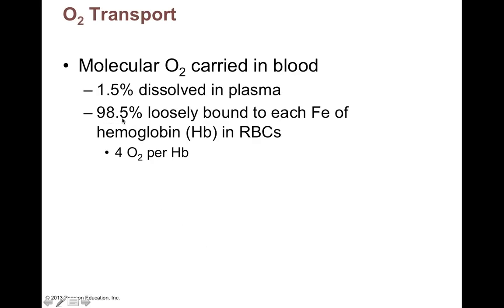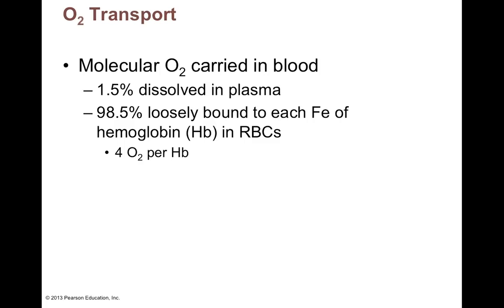Now, 98.5% of that is actually bound to hemoglobin. Hemoglobin is a protein that helps to transport gases like oxygen and carbon dioxide, even transports carbon monoxide, but we'll talk about that later. Now, 98.5% of the oxygen that you can absorb gets bound to hemoglobin.